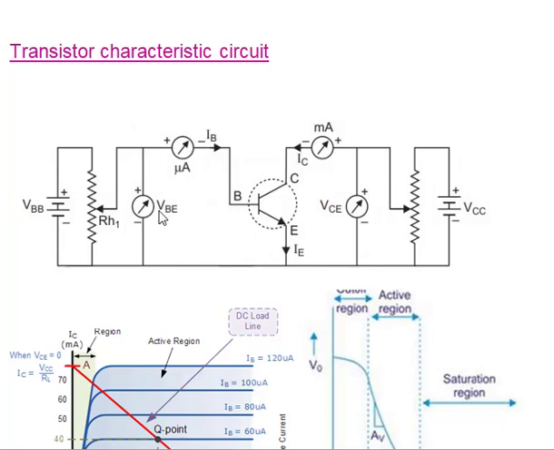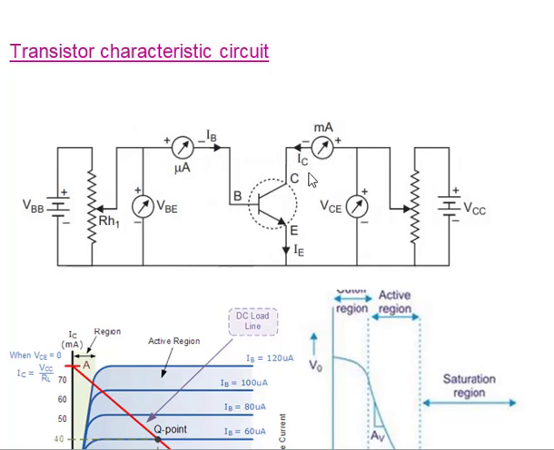The voltage is measured using this voltmeter. The input current is measured using this. And the output voltage, the external voltage, is applied here. The voltage given to this transistor is measured using this voltmeter, and current produced is measured using this milliammeter.